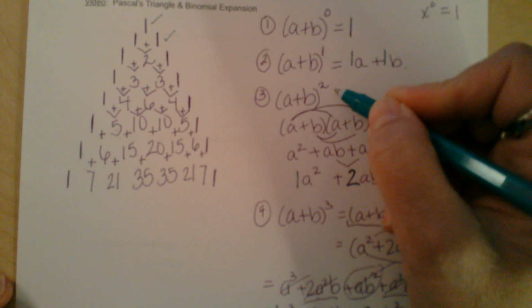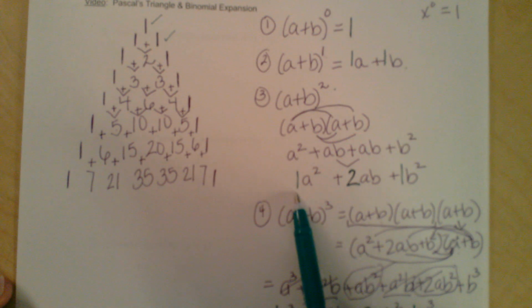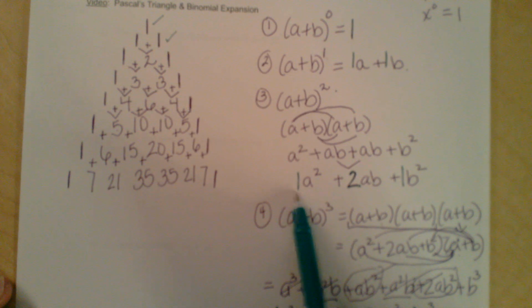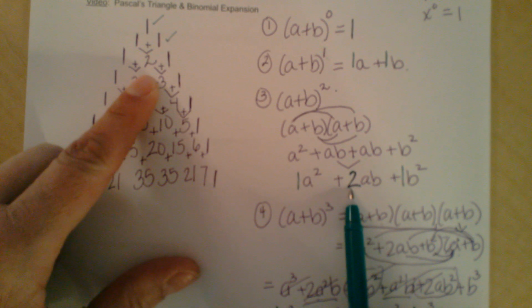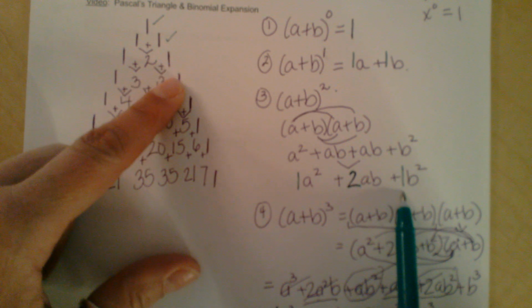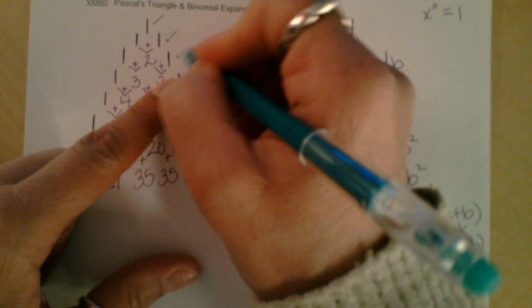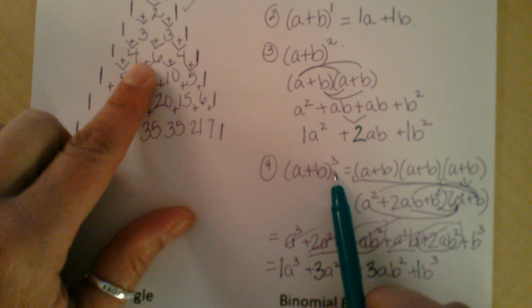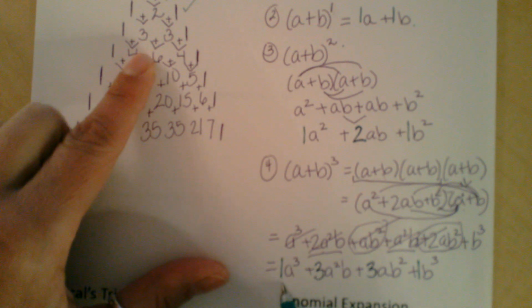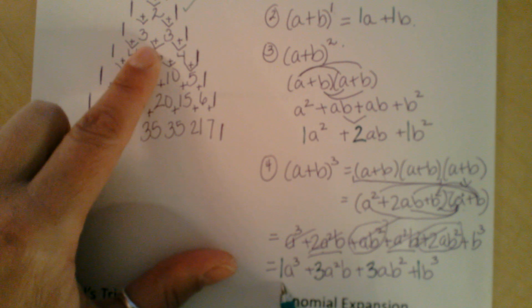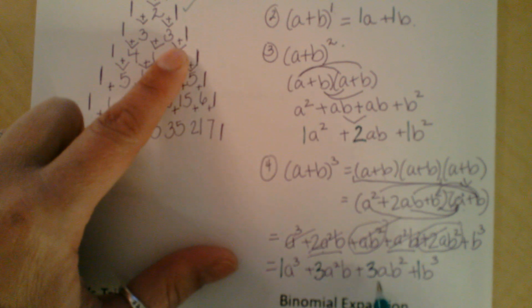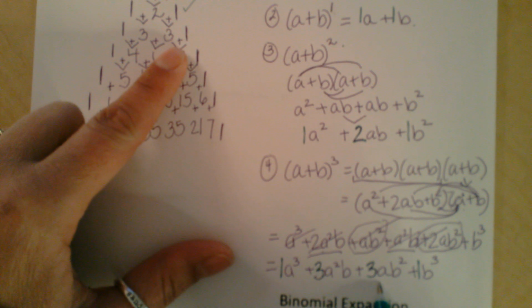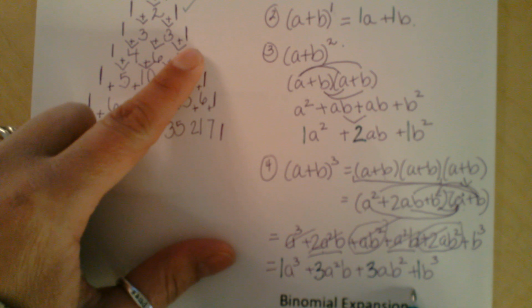A plus b squared gives us 1a squared, plus 2ab's, plus 1b squared, right here. Okay, how about if we raise it to the third power? What's that going to look like? Well, we're going to have 1a cubed, 3a squared b's, another 3ab squareds, and then 1b cubed.